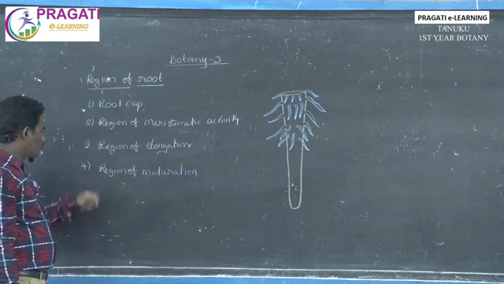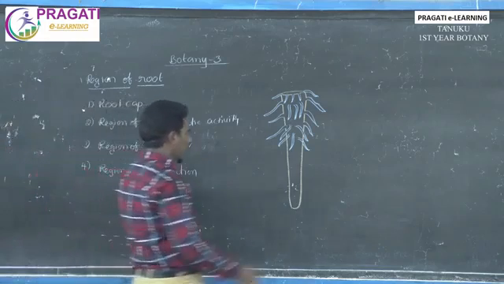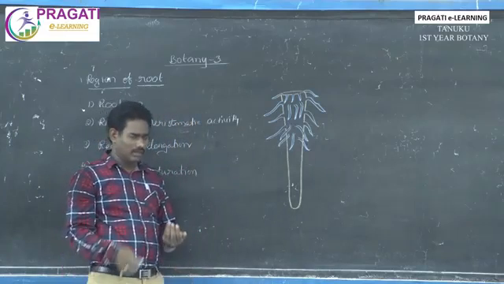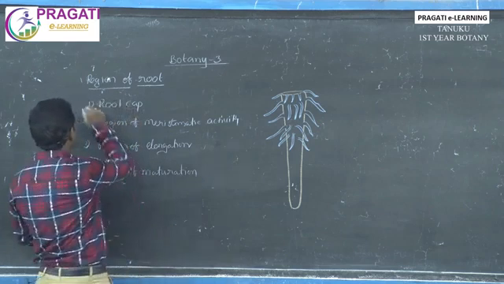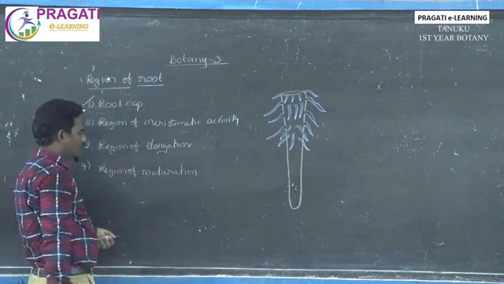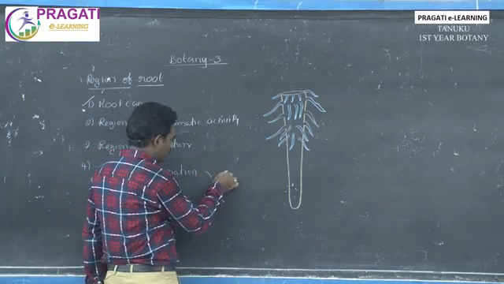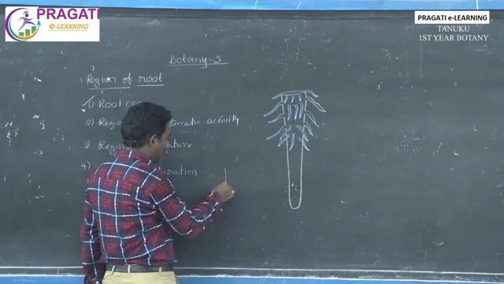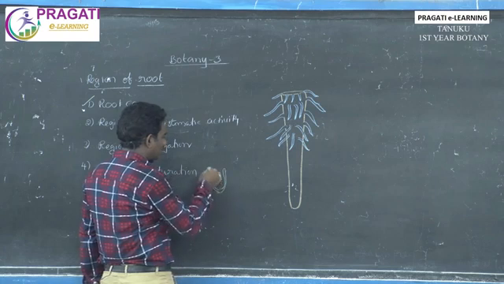This is one type of typical plant root. First one, the root cap. This is a root cap, a thimble-like structure. Thimble-like means this type of cup-like or cap-like structure is called a thimble-like structure.